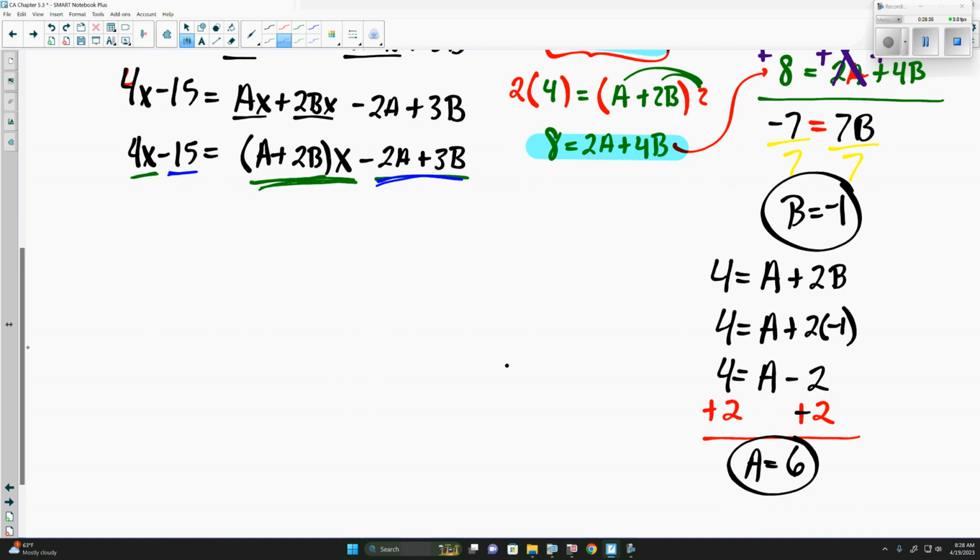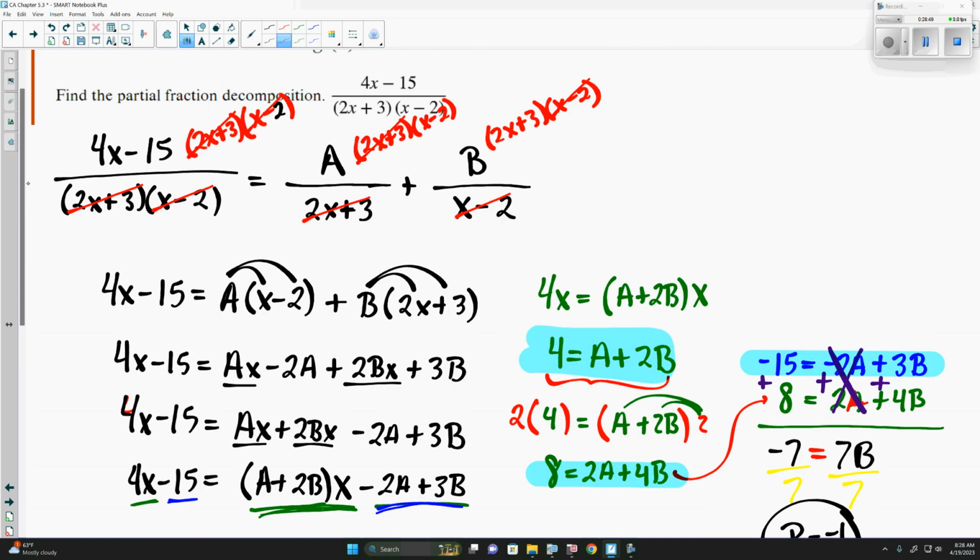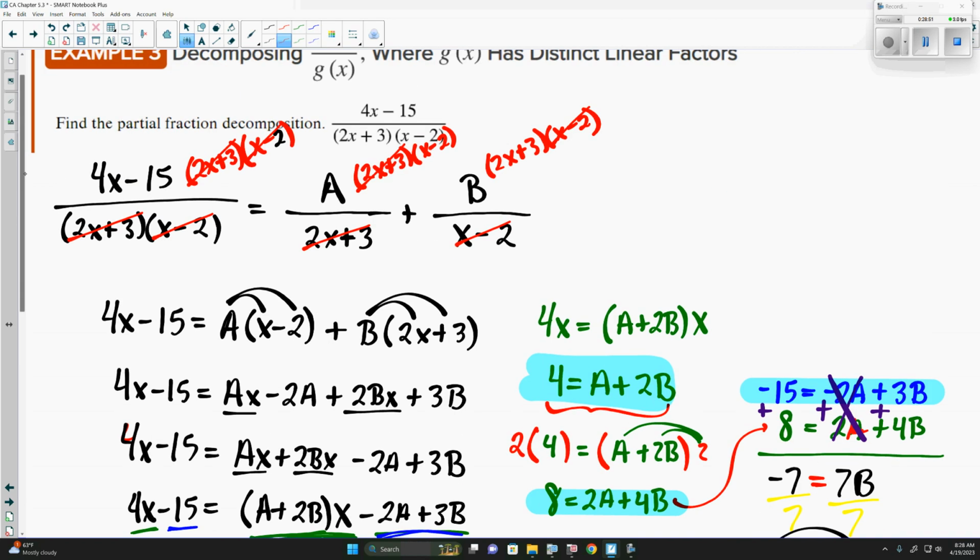We ready to write the final answer? Because even though in a lot of Algebra 2, we found the values of the variables, what we're solving for, that was the final answer. Well, again, we're trying to find this partial fraction decomposition, what it is.